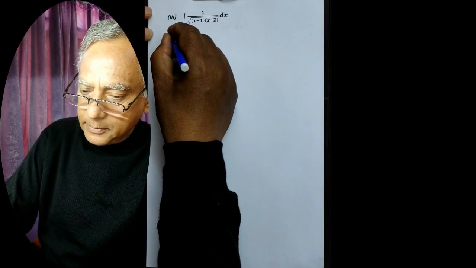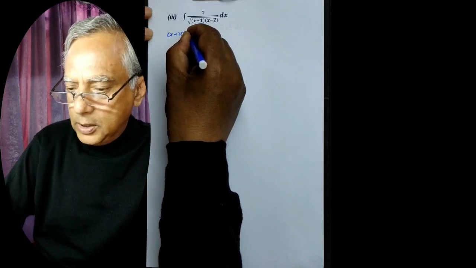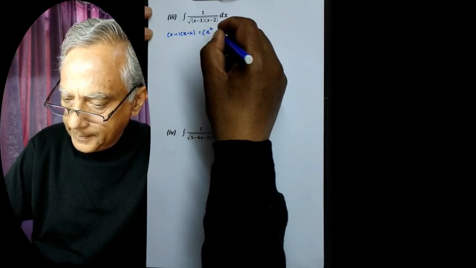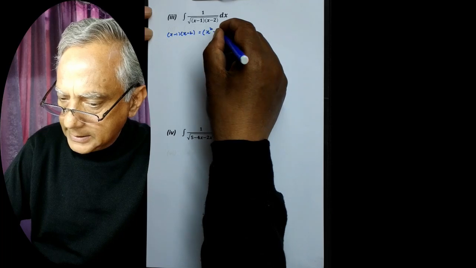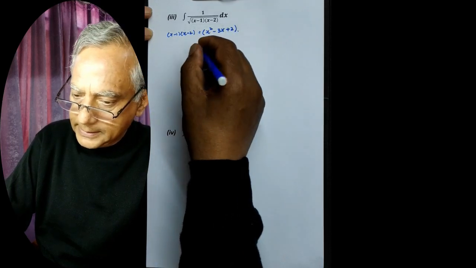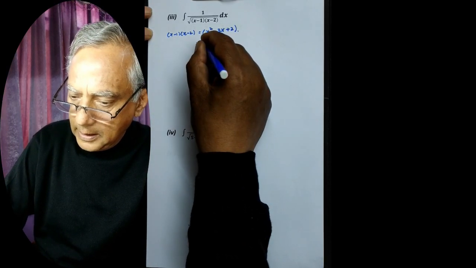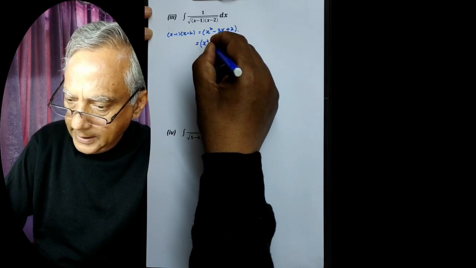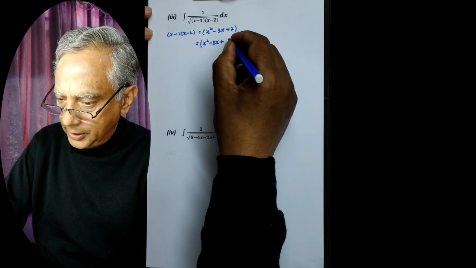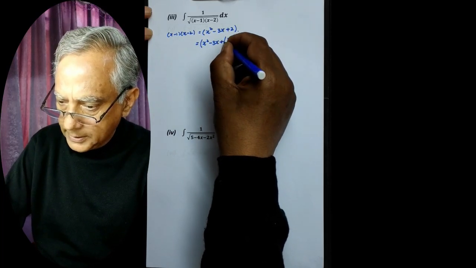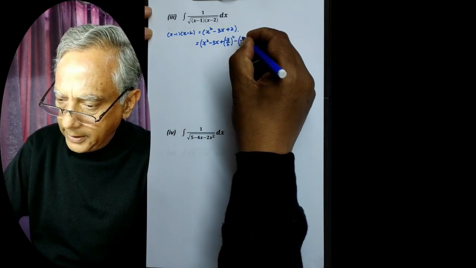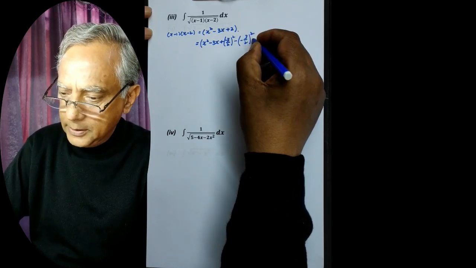So what we do is x minus 1 into x minus 2 is equal to x square minus 3x plus 2. And this can be written as x square minus 3x plus half the quotient of x, that is 3 by 2, minus 3 by 2 whole square, minus 3 by 2 whole square plus 2.